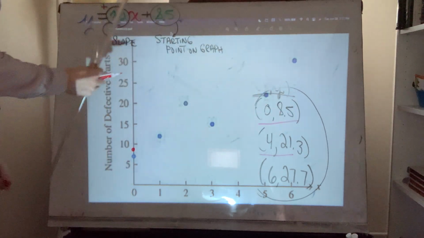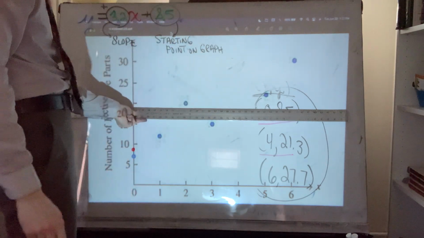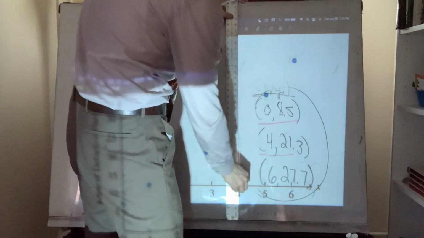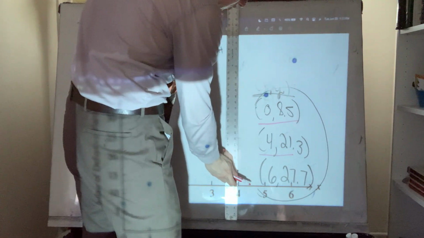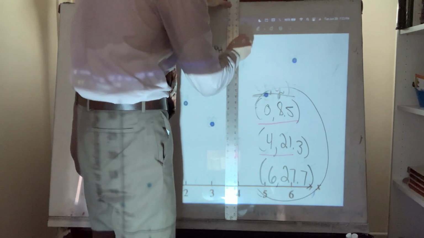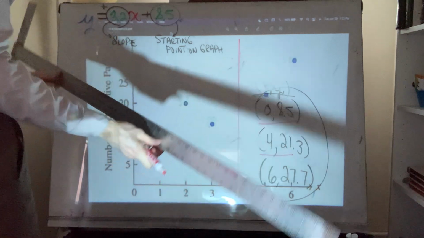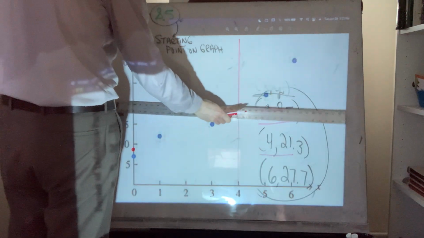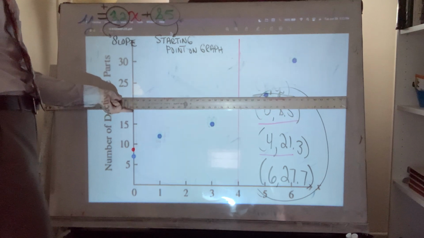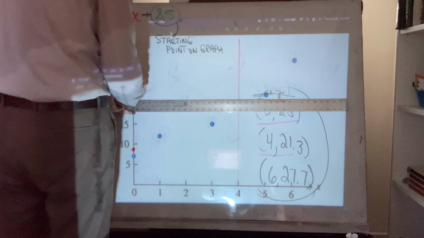At the location of 4, I'm going to erase the construction line in a moment, but I would have a dot that is just above 21. So maybe something like that.